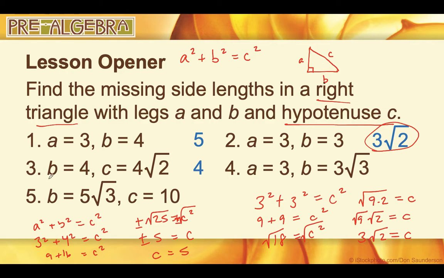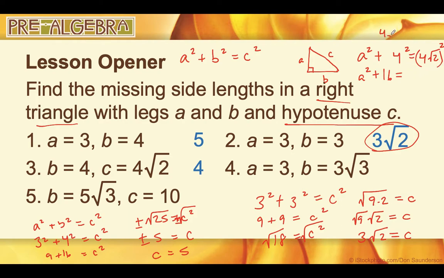Notice they gave you one of the legs of the triangle, and then they gave you the hypotenuse. So again, all you're doing is plugging it into your formula. So you're finding A now. A squared plus 4 squared is equal to 4 root 2 squared as well. So that's a squared plus 16 is equal to, what is 4 root 2 times 4 root 2?